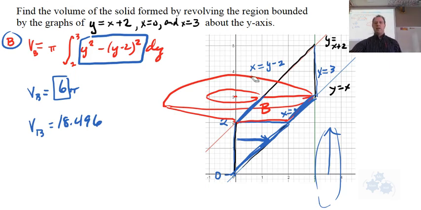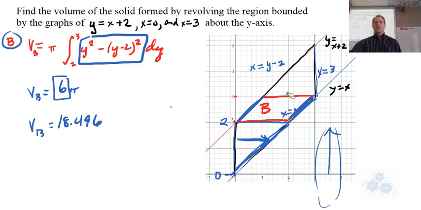Now, the third one for me was the trickiest, actually. So the third one, let's do this in green now. So C, all right, we've got A here, we've got B here, now C. So C is going to be the leftover piece, right? So this one is just made from 2 functions as well.